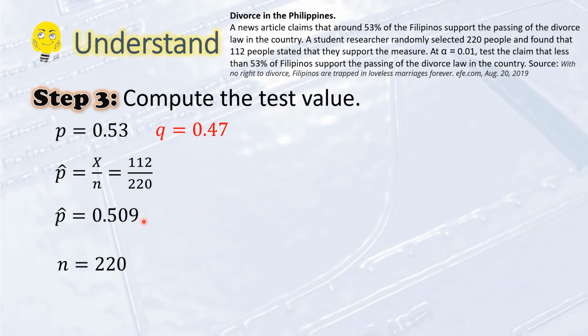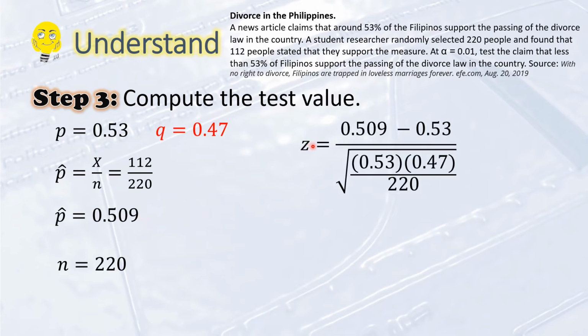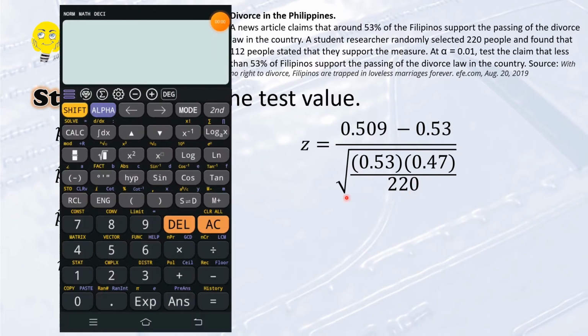Substituting these values to the given formula, we have z-test value is equal to 0.509 minus 0.53 all over the square root of 0.53 times 0.47 over 220. Using our scientific calculator, we press fraction and then 0.509 minus 0.53 divided by the square root, 0.53 times 0.47 divided by 220.